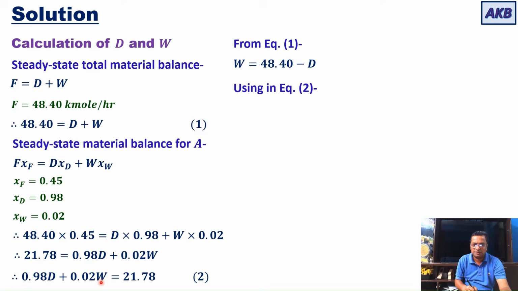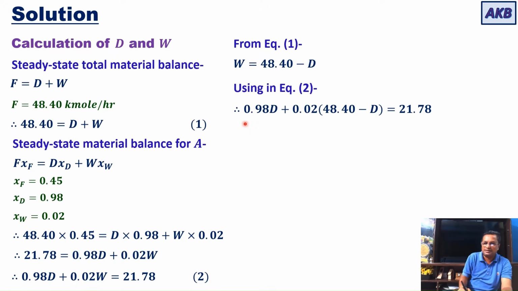So W will be replaced with 48.40 minus D. I will get 0.98 into D plus 0.02 into 48.40 minus D, that is equal to 21.78.